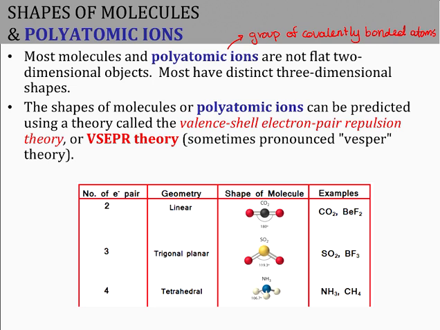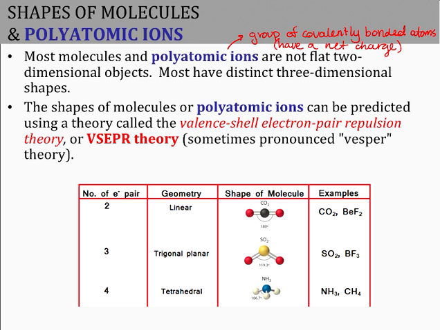But the difference between a molecule and a polyatomic ion is polyatomic ions have a net charge. But they do still have a three-dimensional shape that we need to take into account.